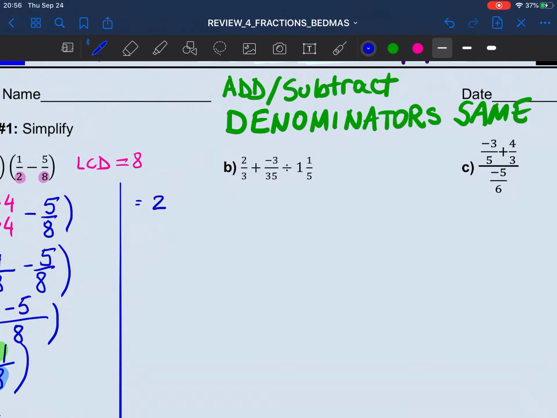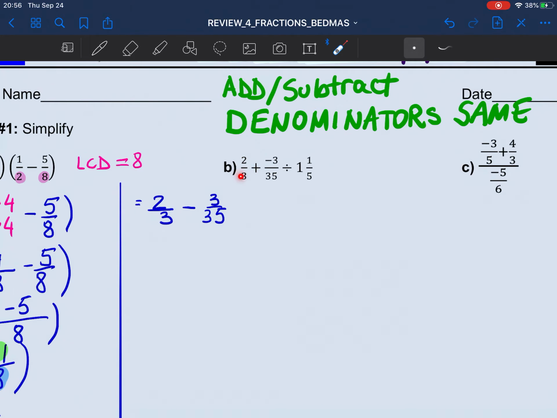So we'll rewrite the expression as 2 over 3, and instead of writing plus minus 3 over 35, we'll simply write minus 3 over 35. Another thing we need to take care of in here is this number. When we're operating with fractions, we need to have the fractions in the same shape.